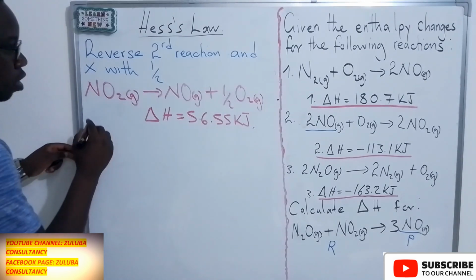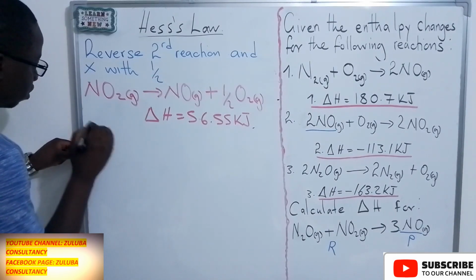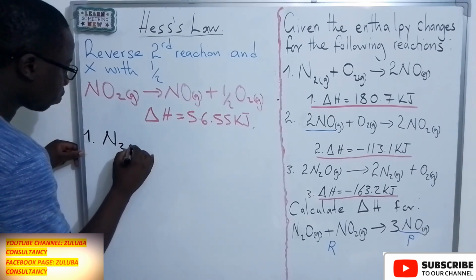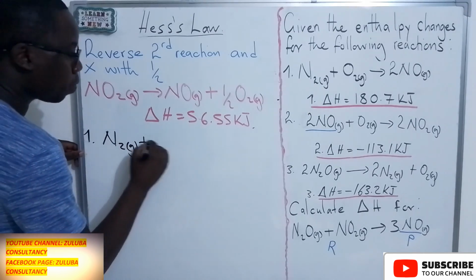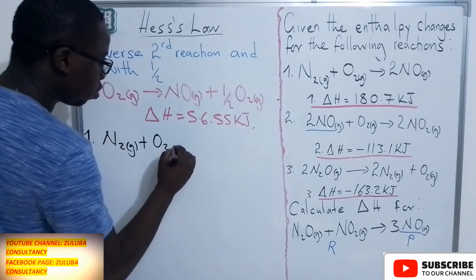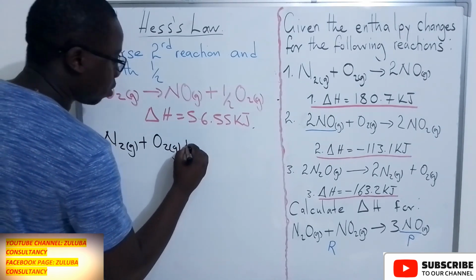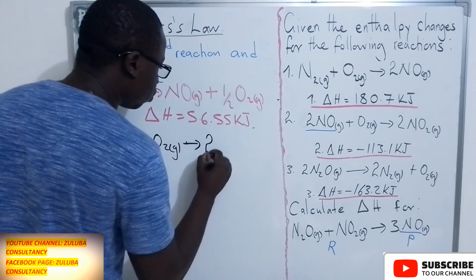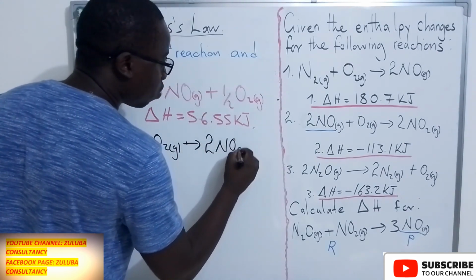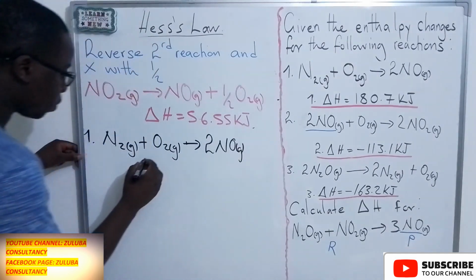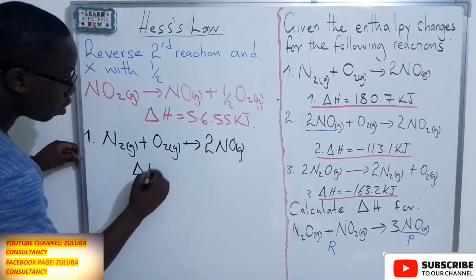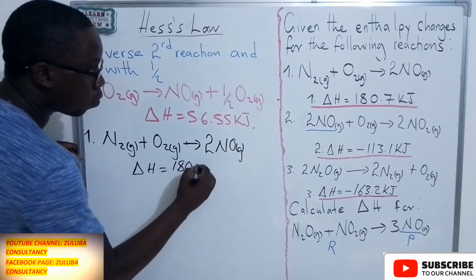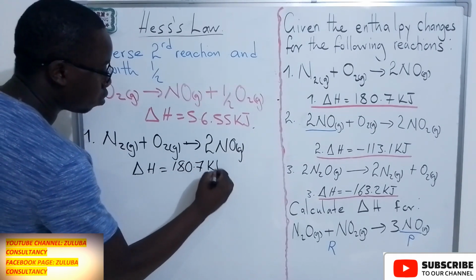So the first reaction, we'll say the way it is, it will remain the way it is, which is N2 gas plus O2 gas, giving us the product which is 2NO gas. The enthalpy change of this one is 180.7 kilojoules.